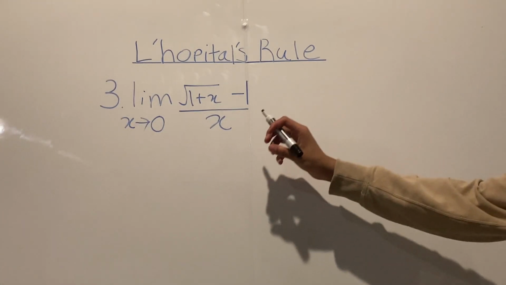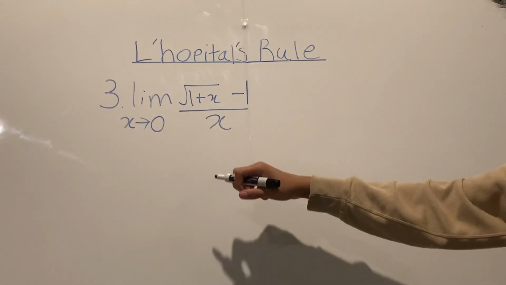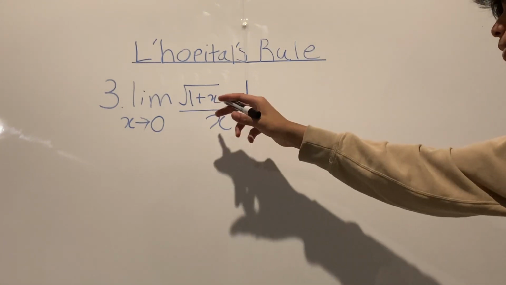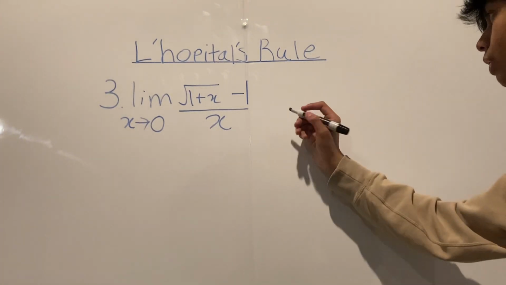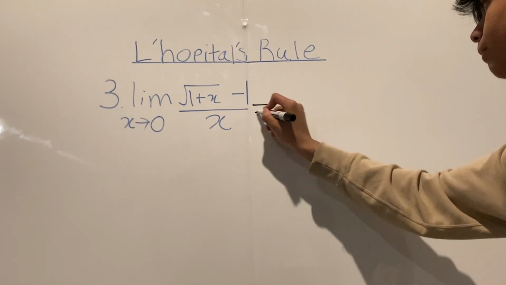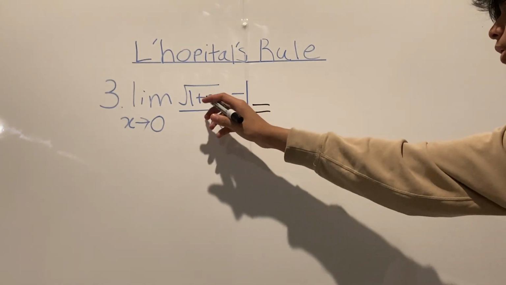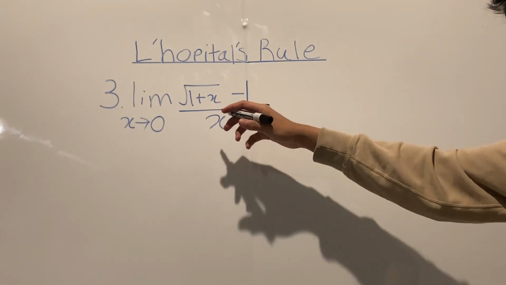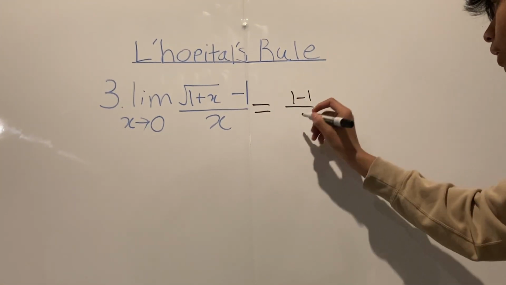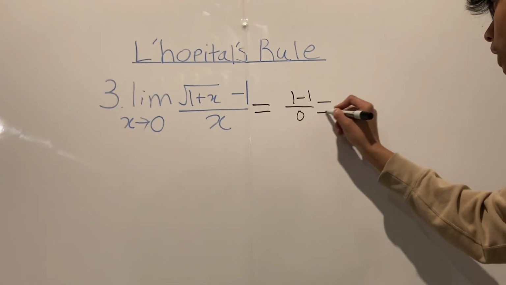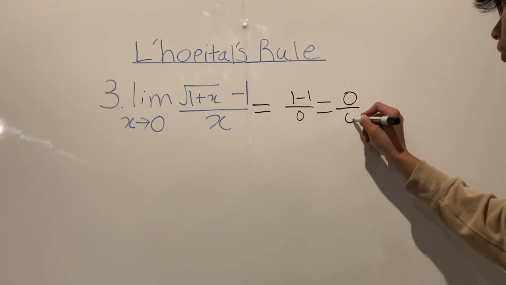Okay, number 3, we have the limit as x approaches 0 of the function square root of 1 plus x, minus 1, divided by x. So if we use direct substitution, if we have 1 plus 0, it's just going to be 1 minus 1 over 0, which is going to turn out to be 0 over 0.